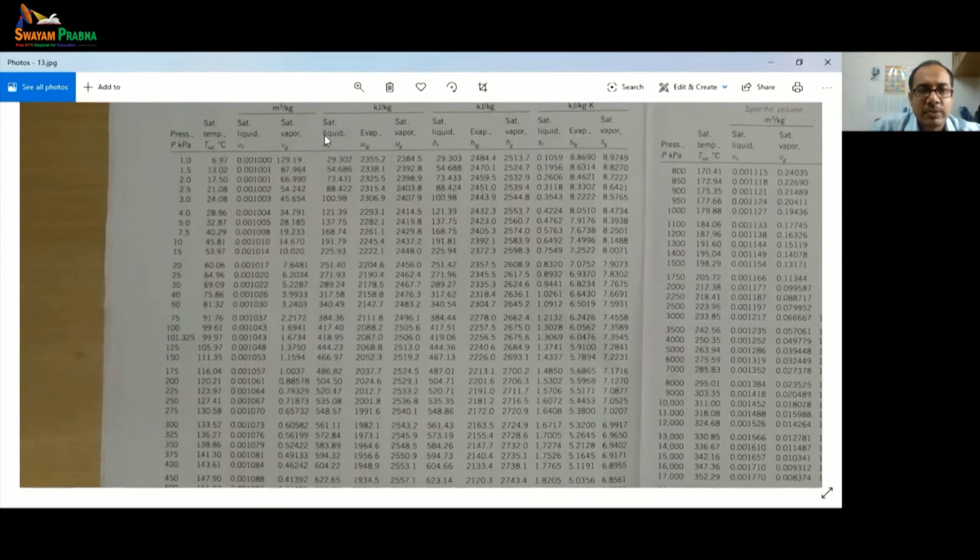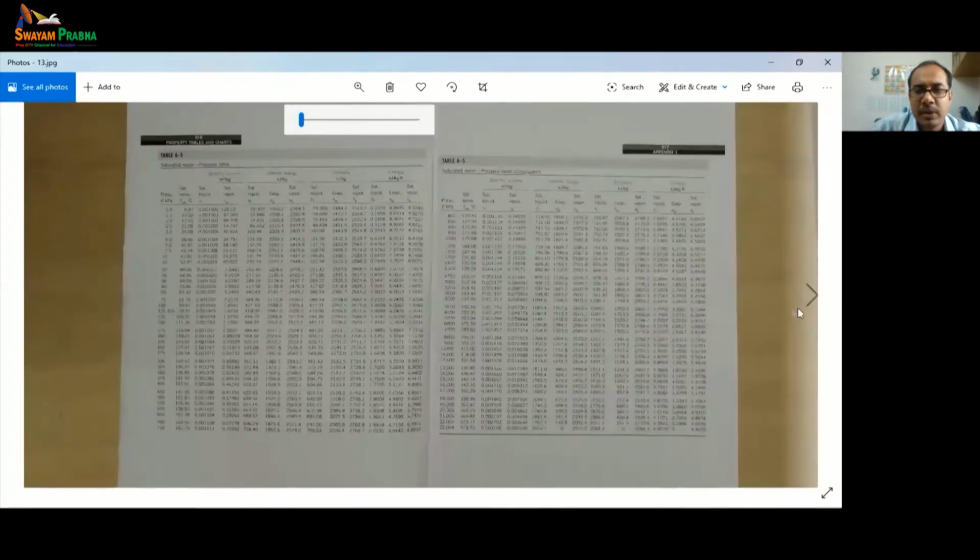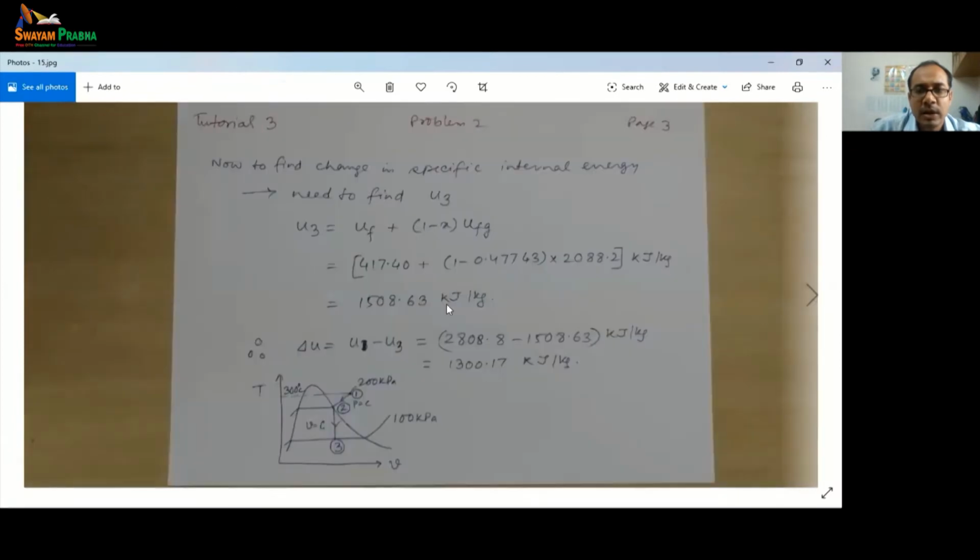Okay, this is Uf, saturated liquid, 417.4, and Ufg is 2088.2. So these values we pick up and go back to our calculation.